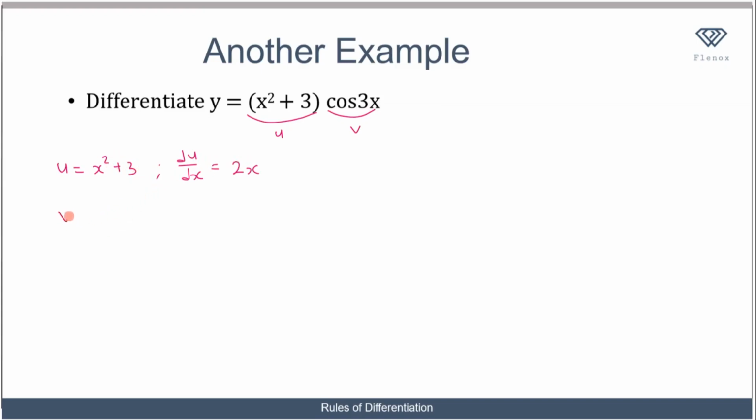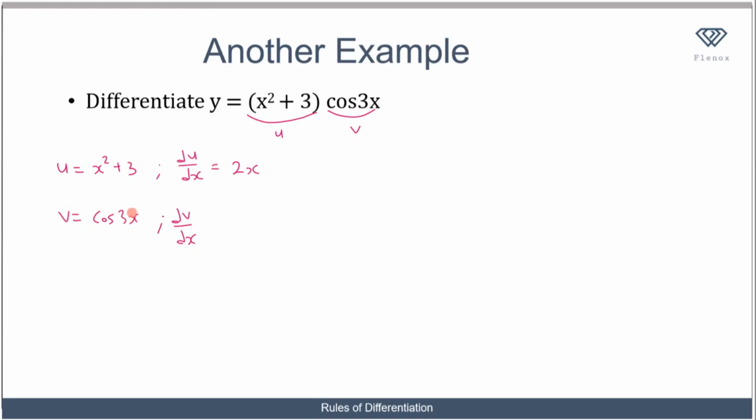Now for my v term, I have v equal to cos 3x. But how do I find dv over dx? To find dv over dx, you remember that I have to make use of the chain rule, because what I have here is 3x, and not just x.